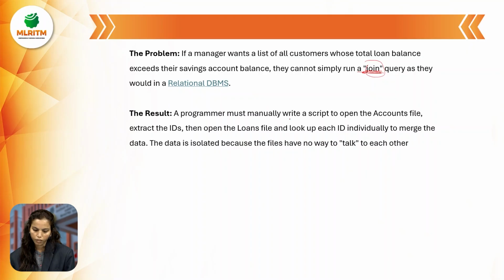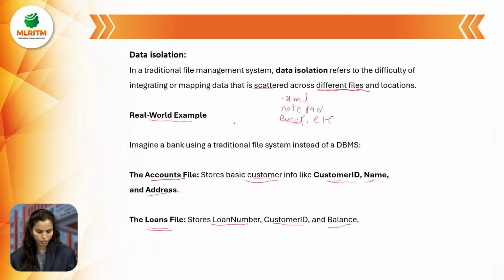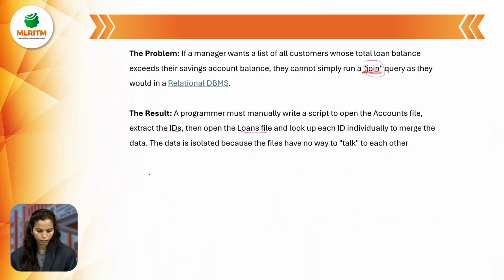A program must manually write a script to open the accounts file, extract the IDs, then open the loans file and look up each ID individually to merge the data. The data is isolated because the files have no way to talk to each other.